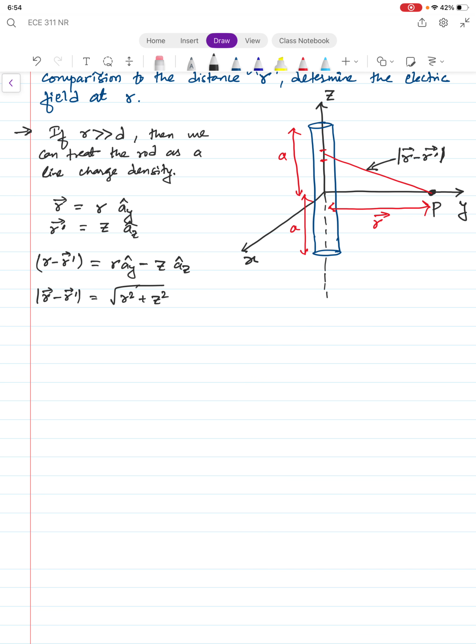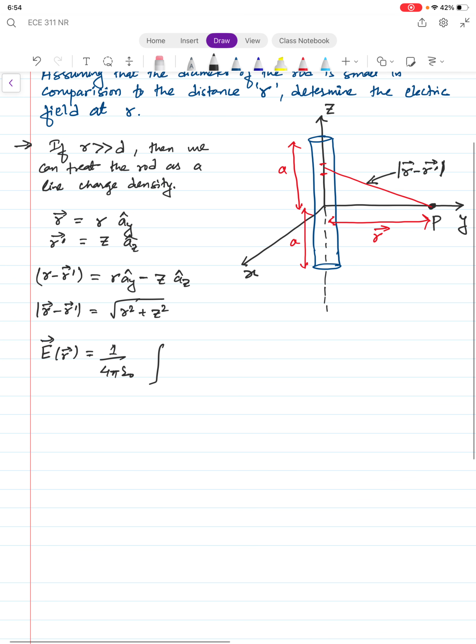We can use our equation, which is the electric field at r, given as 1 divided by 4 pi epsilon 0 integral rho l times r minus r prime on the numerator, oops, I made a mistake.